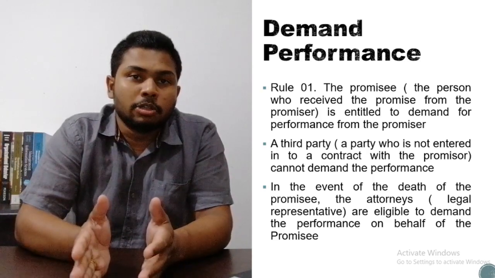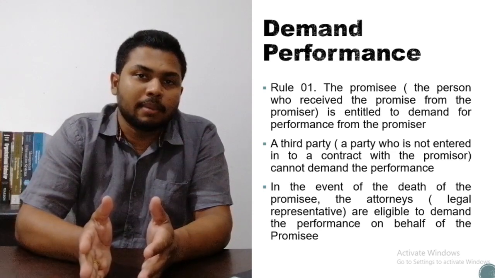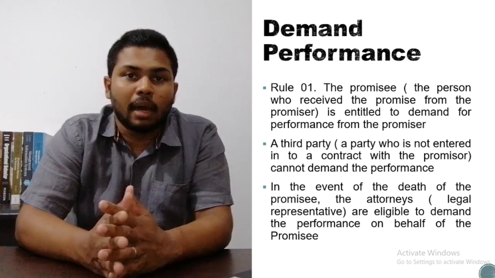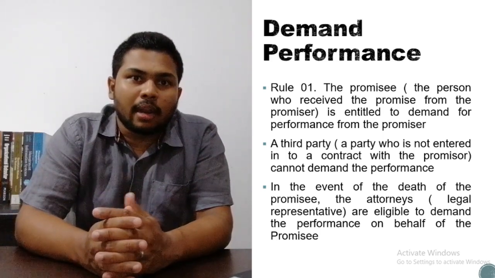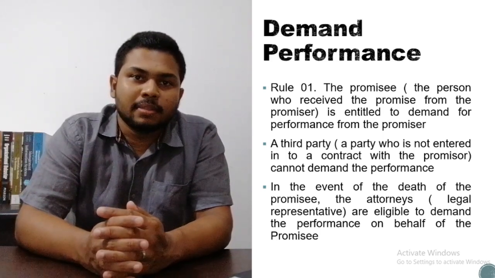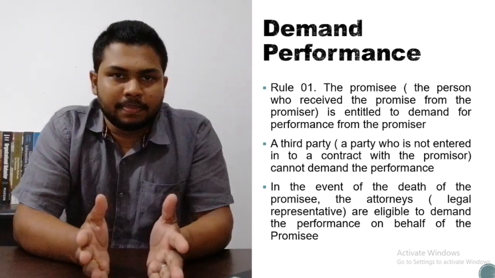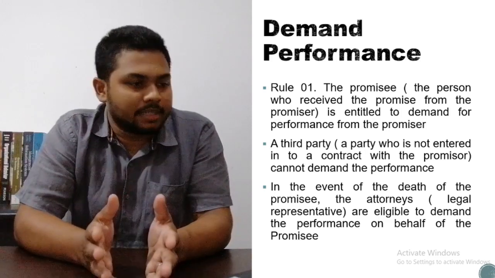But if Sunil, being the promisee, has agreed with Amal, and Amal has given some other promise, Nimal is not liable for that particular promise. So this is a condition.